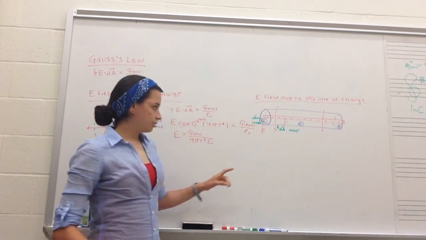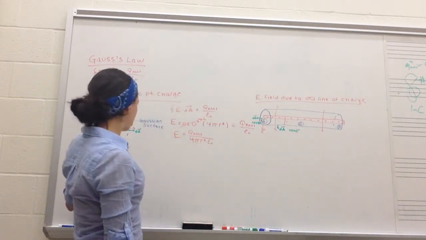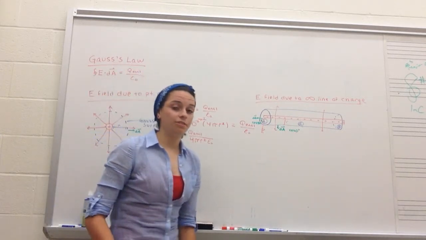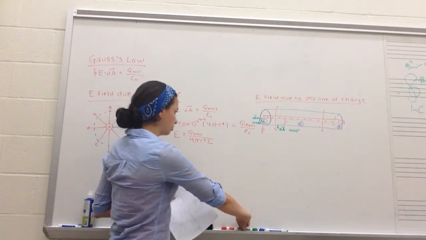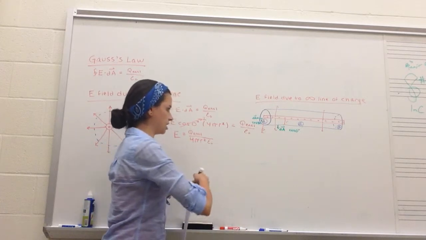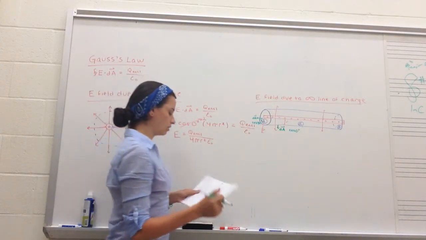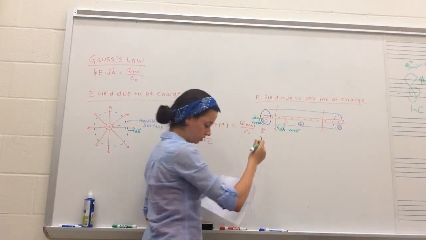The easiest way to determine the charge, since it's an infinite line rather than just a point charge like we had here, is to define the charge in terms of density. I'm going to switch to green now because my red marker's dying. We can switch to lambda, and that's the charge density.